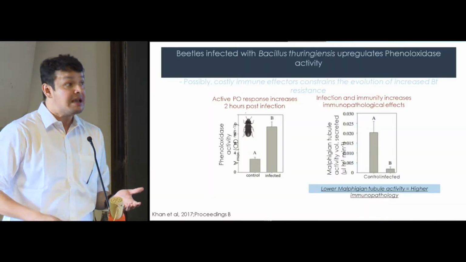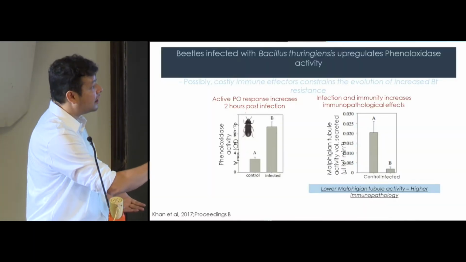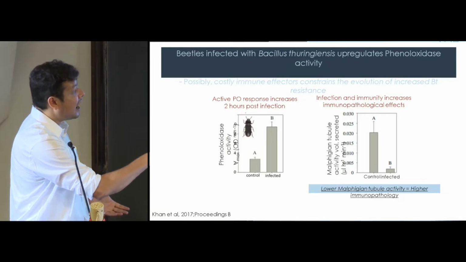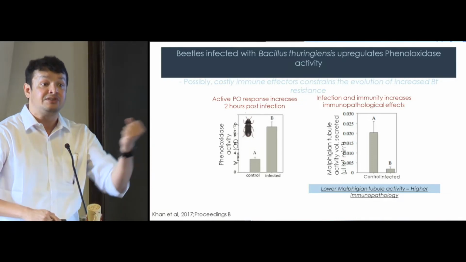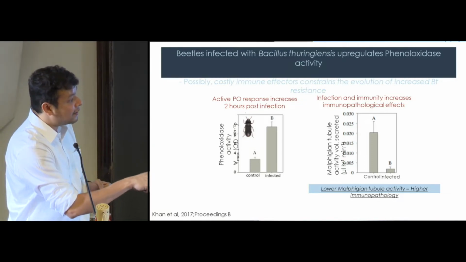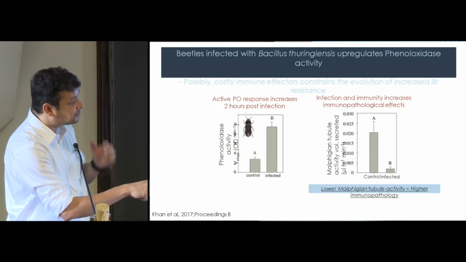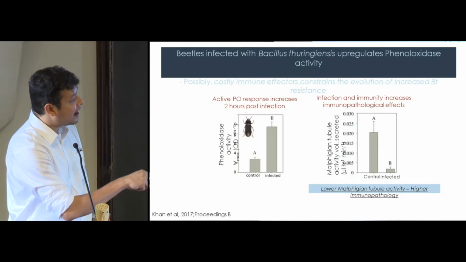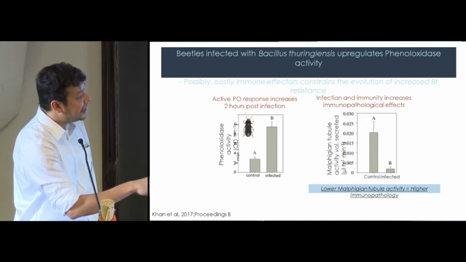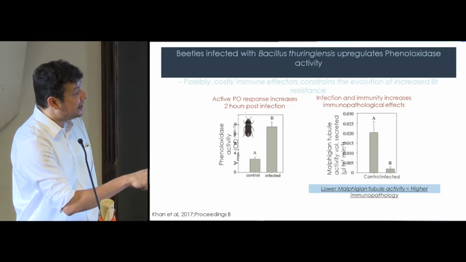And possibly it's because the cost of producing a very high amount of phenoloxidase response is constraining them. This is a result showing that beetles that have higher phenoloxidase activity actually show a very reduced secretion rate from the kidney.